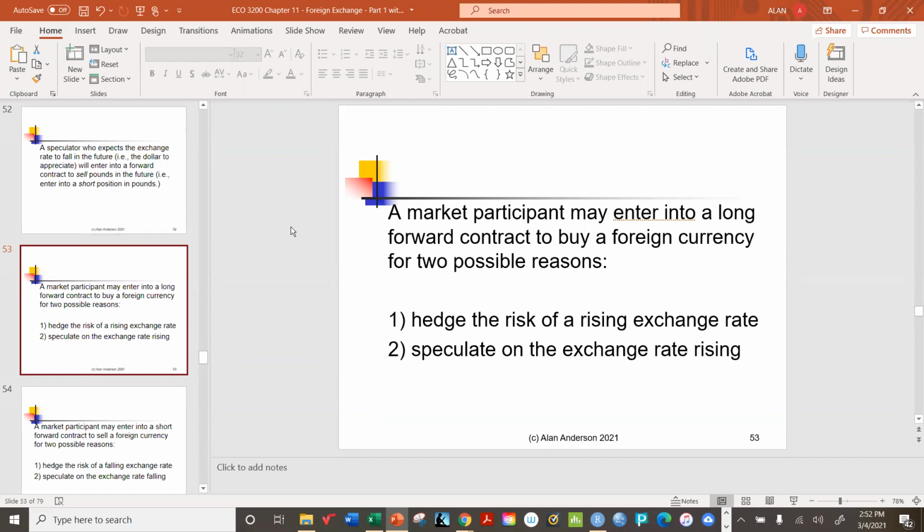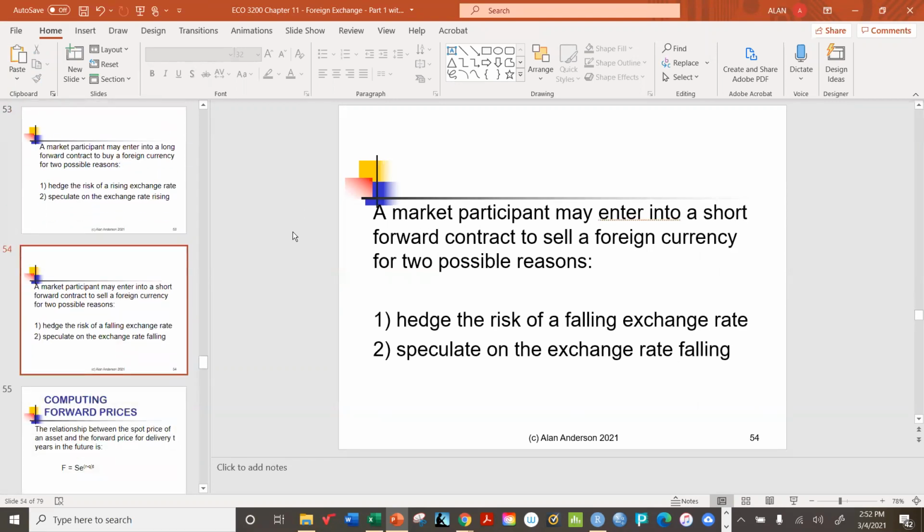But on the other hand, why would you enter into a short position? Obviously, for the opposite reasons. You would enter into a short position to sell the currency if you are worried about the price falling, or if you believe that the price will fall and therefore you want to speculate on the price dropping. And that means you would make money if you're right.